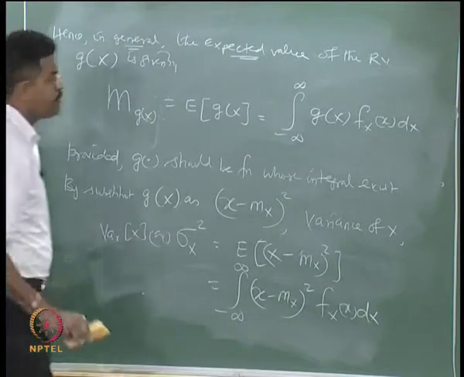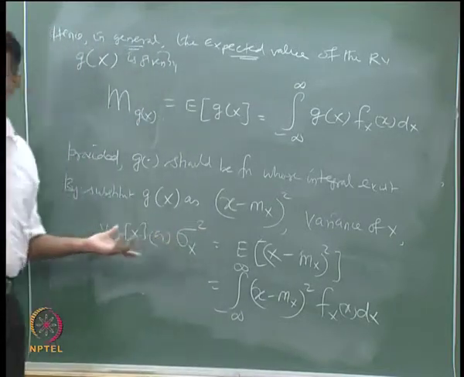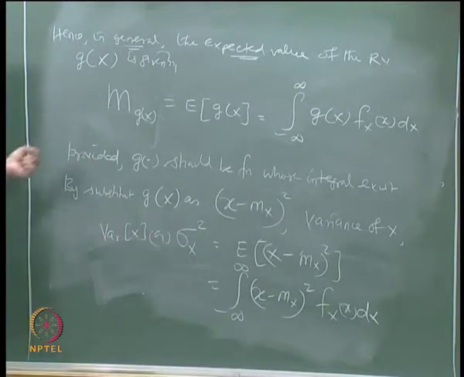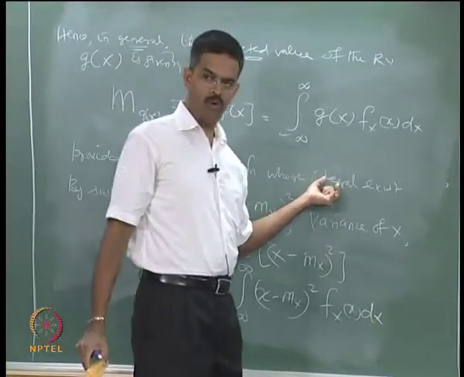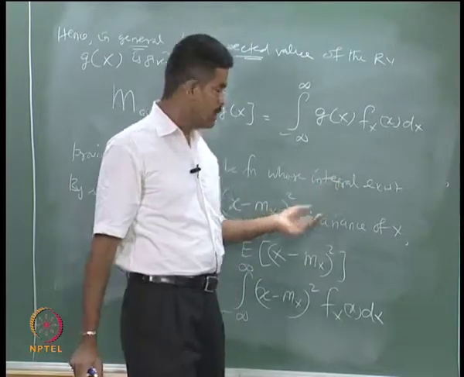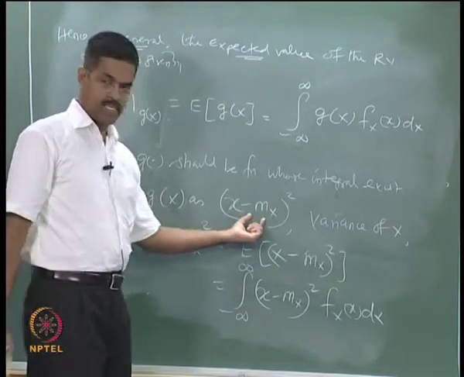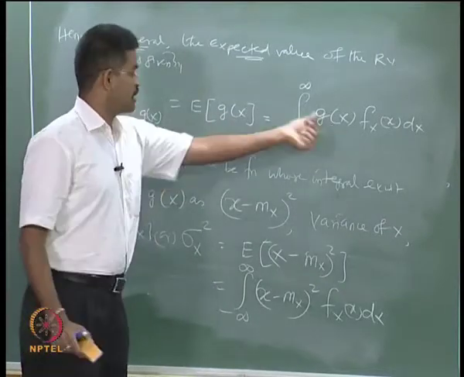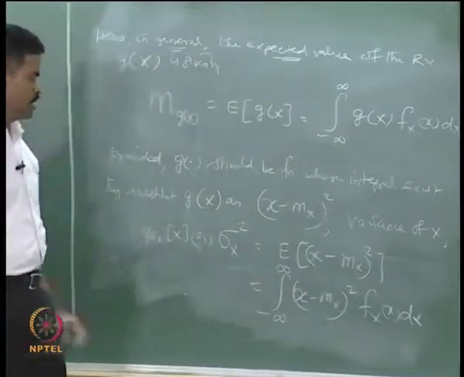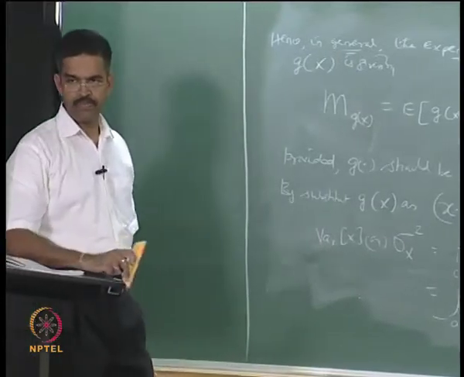Now any questions here? So I am picking up g of x as any function which should be in an integrable form, or the integration should exist. I pick up that function as the function given here. Once I do that, this expression will turn out to be the variance.